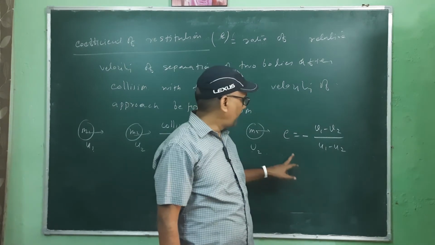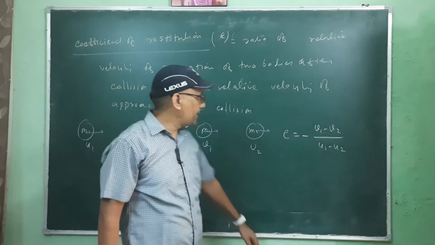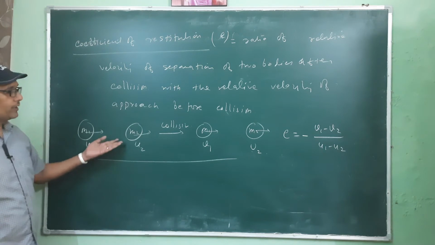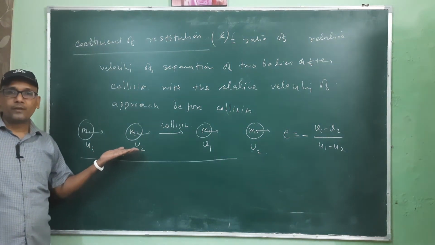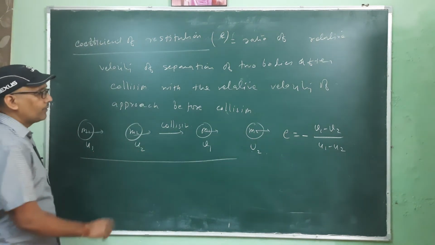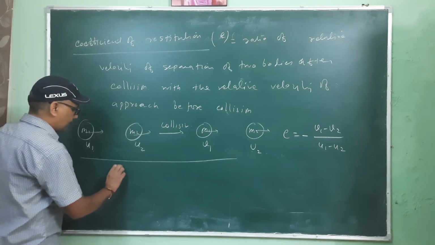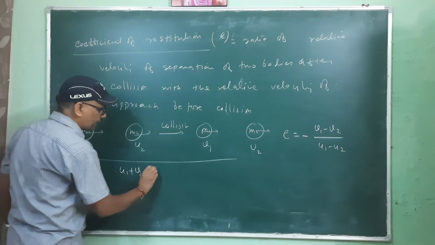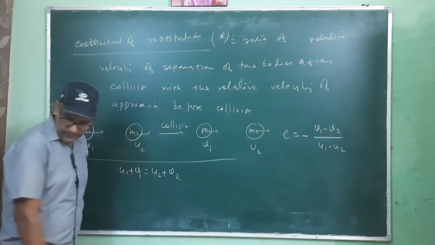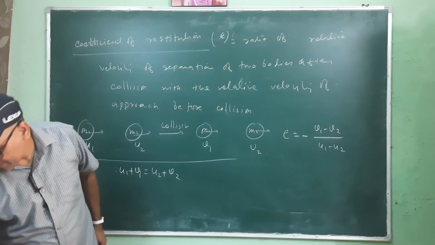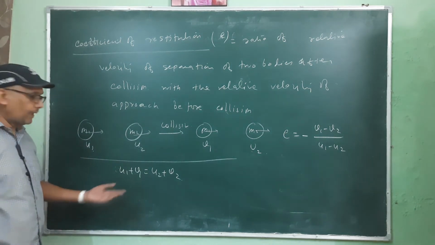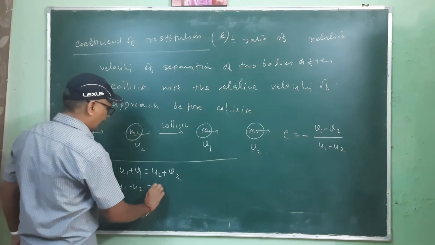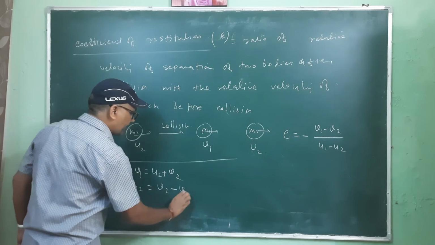And in the perfectly elastic collision, you have calculated one relation in the first derivation. After using conservation of momentum and conservation of kinetic energy simultaneously, you have one relation: u1 plus v1 is equal to u2 plus v2. We have calculated this, and it is equal to u1 minus u2 equals v2 minus v1.